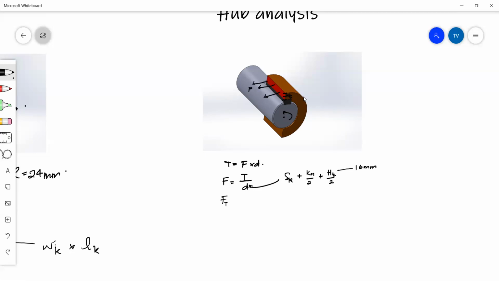Once you have your tensile force, you plug it into the stress equation. For tensile stress, stress is equal to force over area, which will be equal to Ft divided by the area, which is the hub thickness multiplied by the length of the key, because the hub covers the whole key.